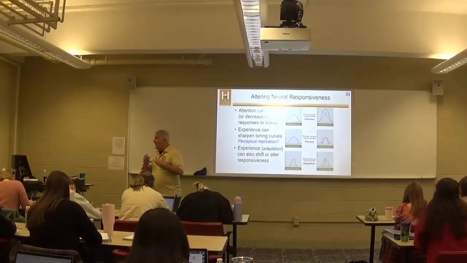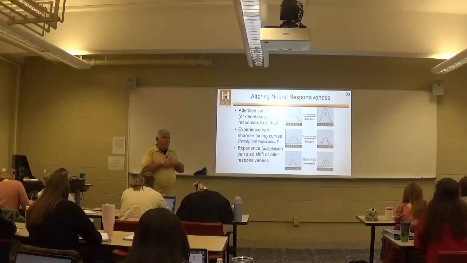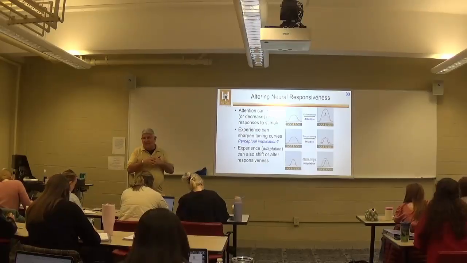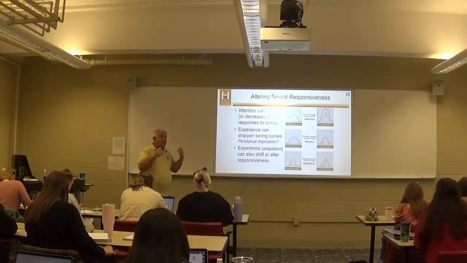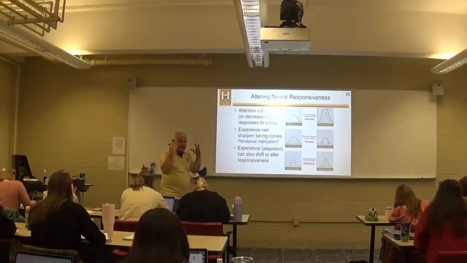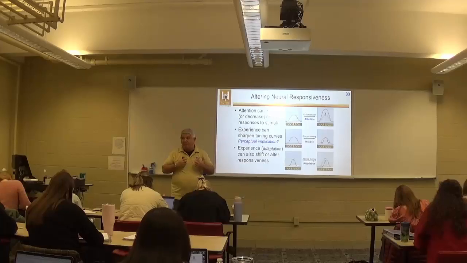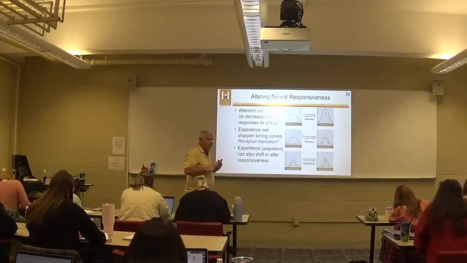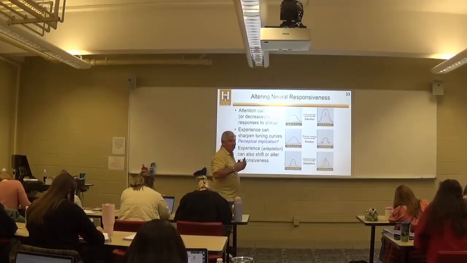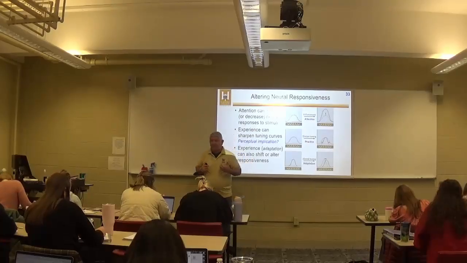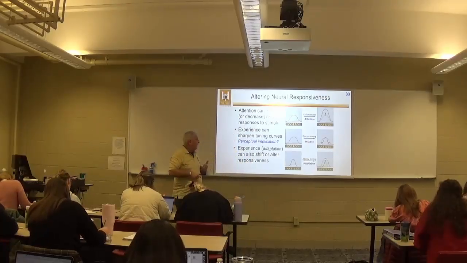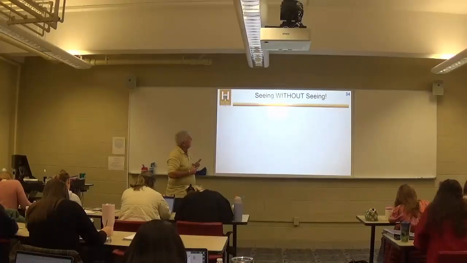But again, there are ways in which, through experience and what we're seeing and attention, our brain is manipulating the basic firing patterns in V1. And that alters our perceptions in complex ways. Okay, all right.